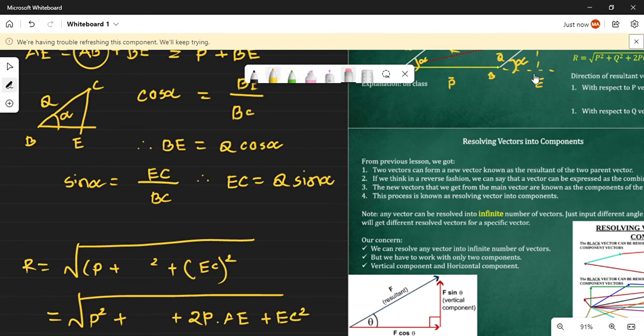It's my fault. This will be BE square now.